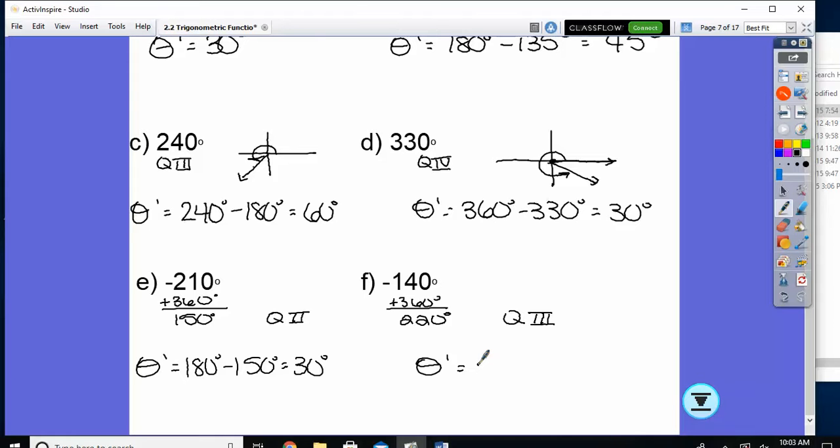That's quadrant 4. Does it say 220? Yeah. Sorry, my handwriting's sloppy. So we're right here. So we would have to do 220 minus 180, and we get 40 degrees.